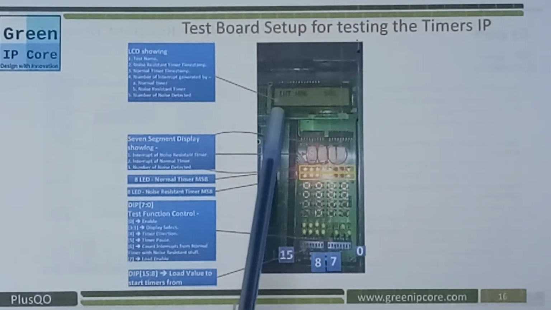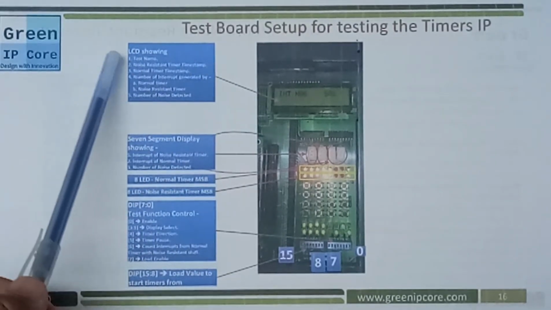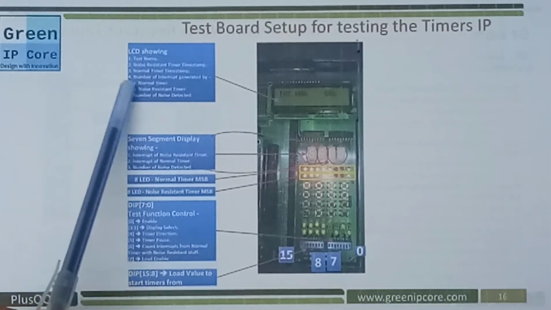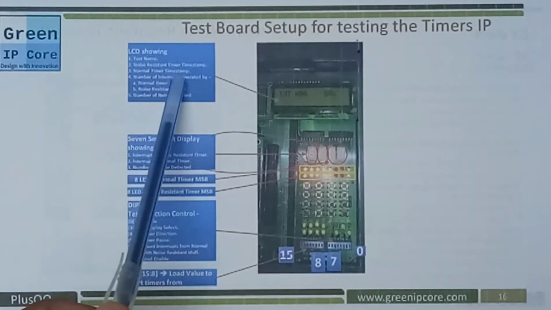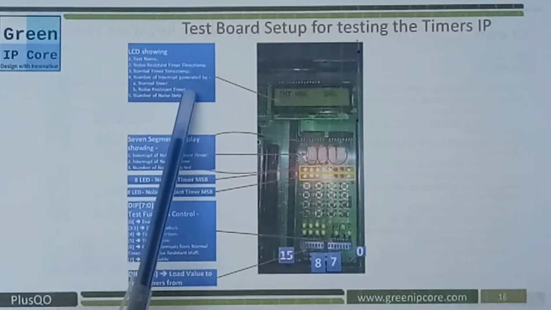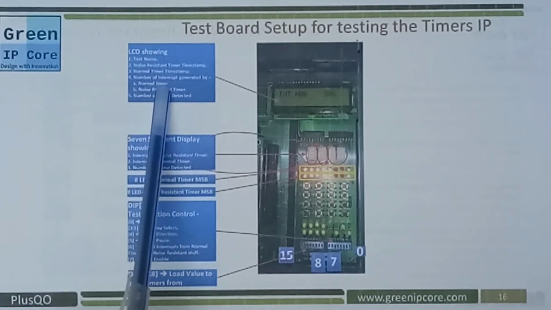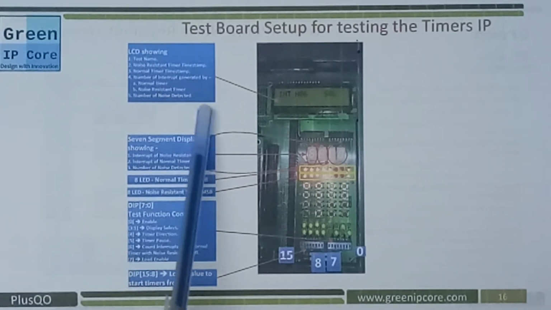On the LCD, we are displaying different outputs, like the test name, the different outputs of the noise resistant IP, the different outputs for the normal IP, different internal snooped outputs, and the full scale result of the IPs for normal and the noise resistant ones.